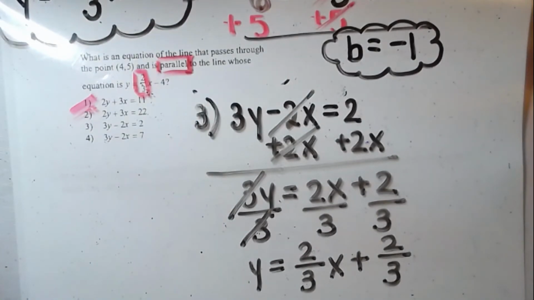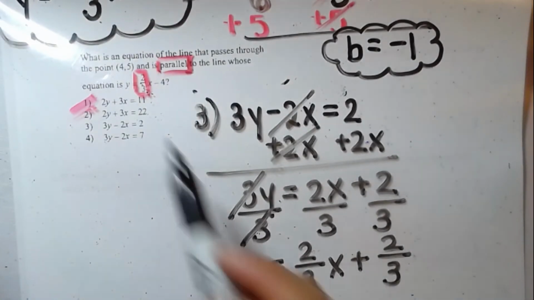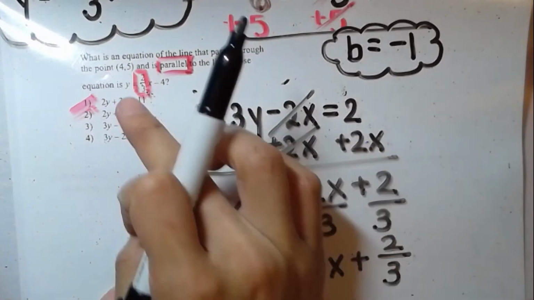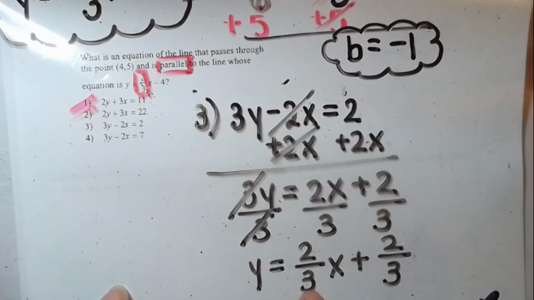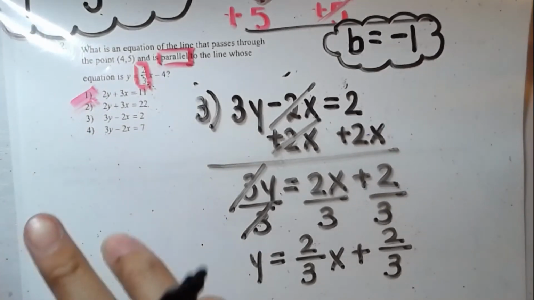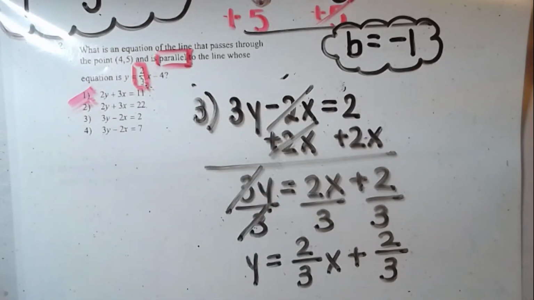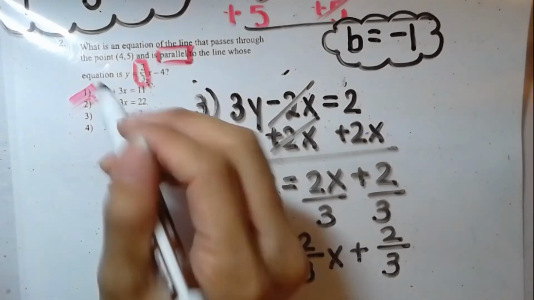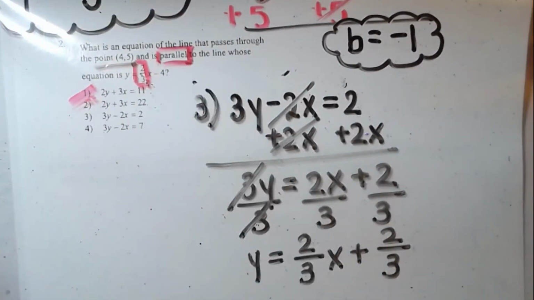Okay, here we're going to just now look at our slope. Since 2/3 is the same as 2/3, we know that 3 can potentially be the answer. We want to really make sure that we're keeping in mind all of our given pieces of information. We also know that it passes through the point 4, 5.